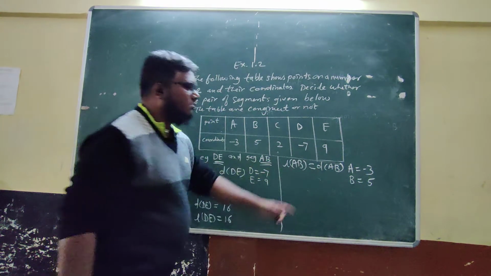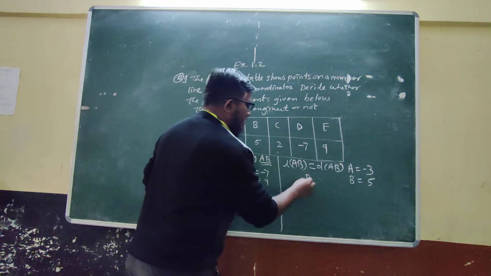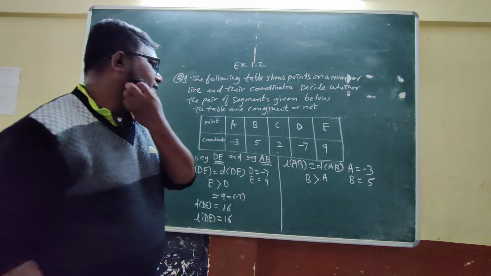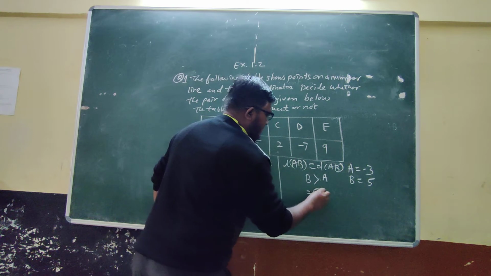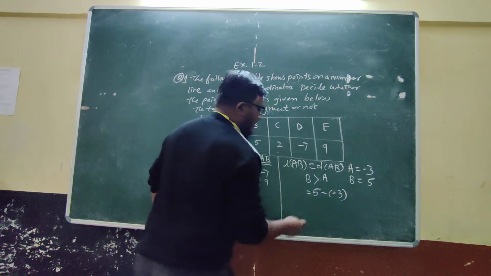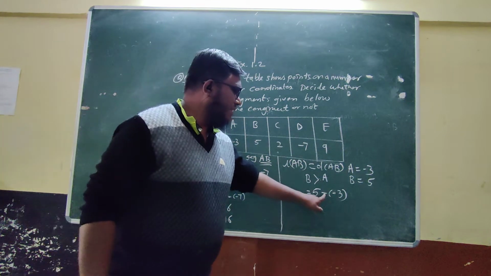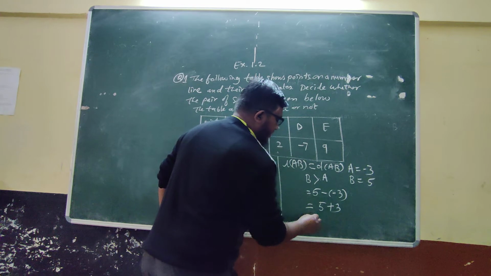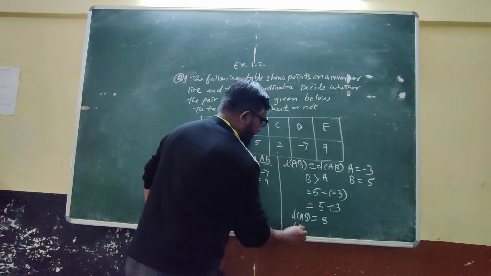Among these two numbers, 5 is greater, so B has the greater coordinate than A. Then we subtract 5 minus (-3); similarly, when we open this bracket, minus minus becomes plus. 5 plus 3 becomes 8. So the distance of AB is 8, therefore the length of AB is also 8.